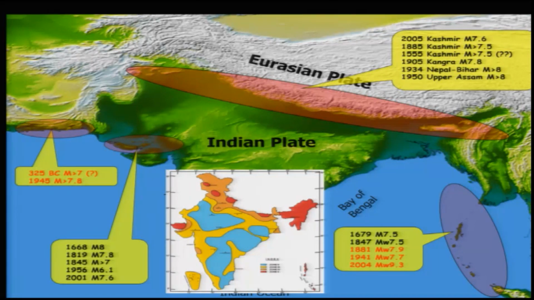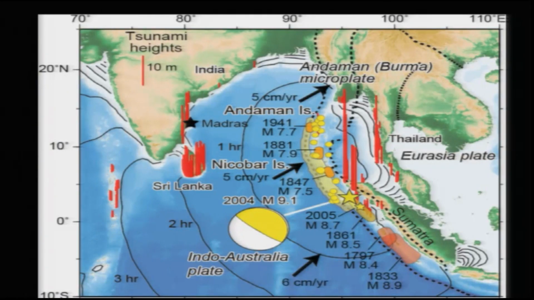That is your Makran subduction zone, which also talks about there being 2 tsunamis, one in 325 BC and another one in 1945. So, with this, if you look at what we observed and experienced in the 2004 earthquake of 9.3 or 9.1, that is the Sumatra Andaman earthquake.